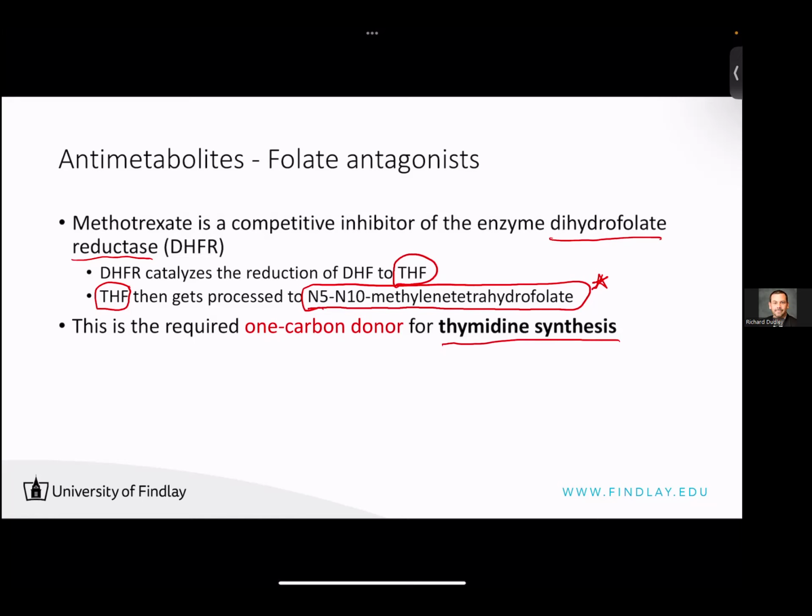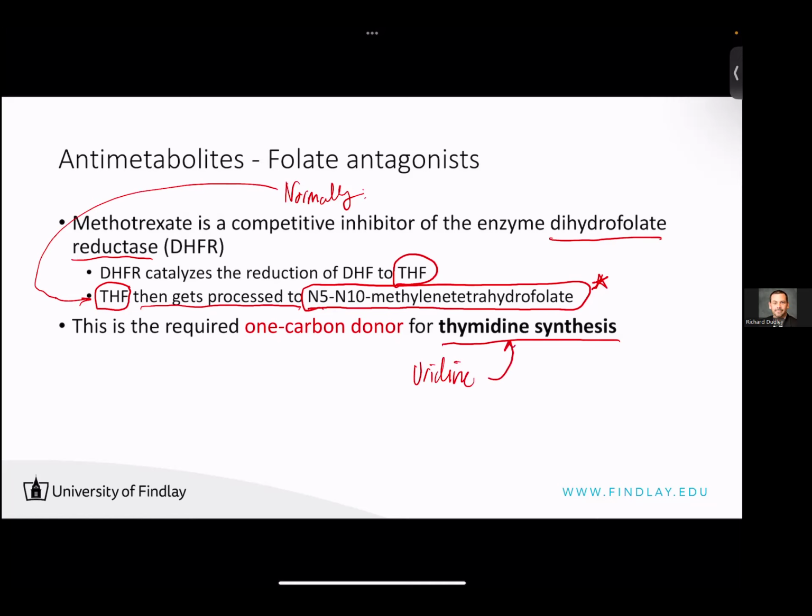So this is what happens normally, right? Normally, tetrahydrofolate gets processed into N5N10 methylene tetrahydrofolate.